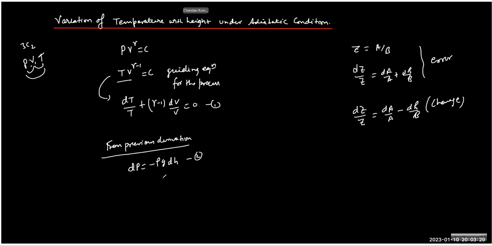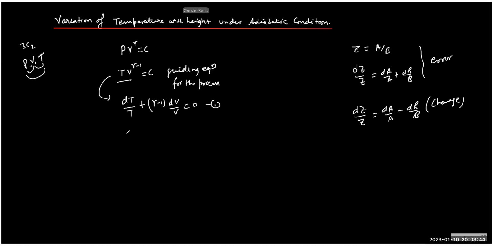So how to proceed, guys? You have to do one more step here. Let me write down that step first. So how to replace the P versus T relation?